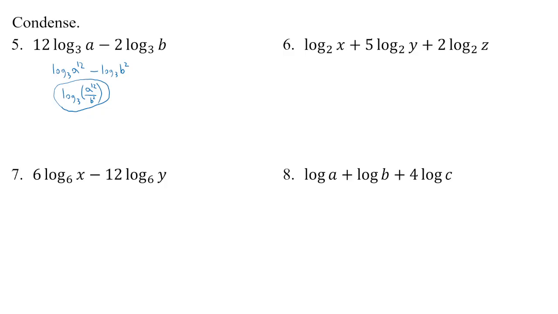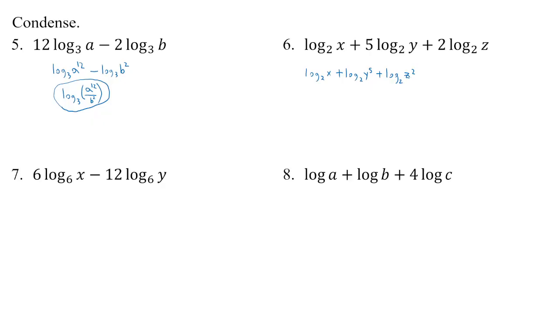All right, number 6, the first thing we're going to do, we're going to use the third property to change all coefficients into exponents. Therefore, this becomes log base 2 of y to the 5th, and this becomes log base 2 of z squared.